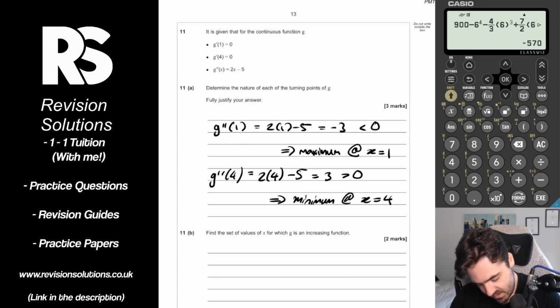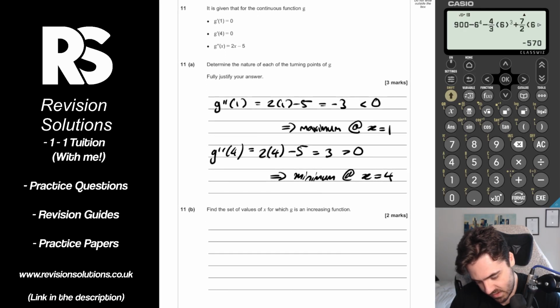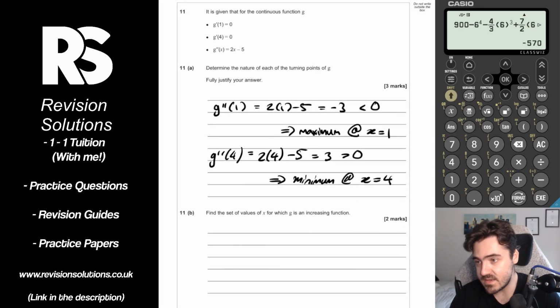Then it says, can we find the values of x for which g is an increasing function? Well, we could probably go about this a couple ways, but I think what I'm going to do actually is find our first derivative by integrating the second derivative, because increasing means that our first derivative is greater than 0.